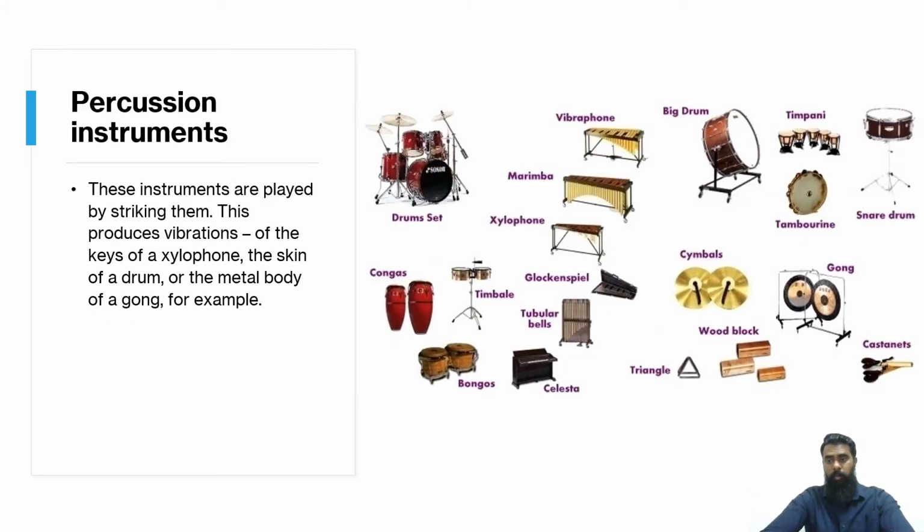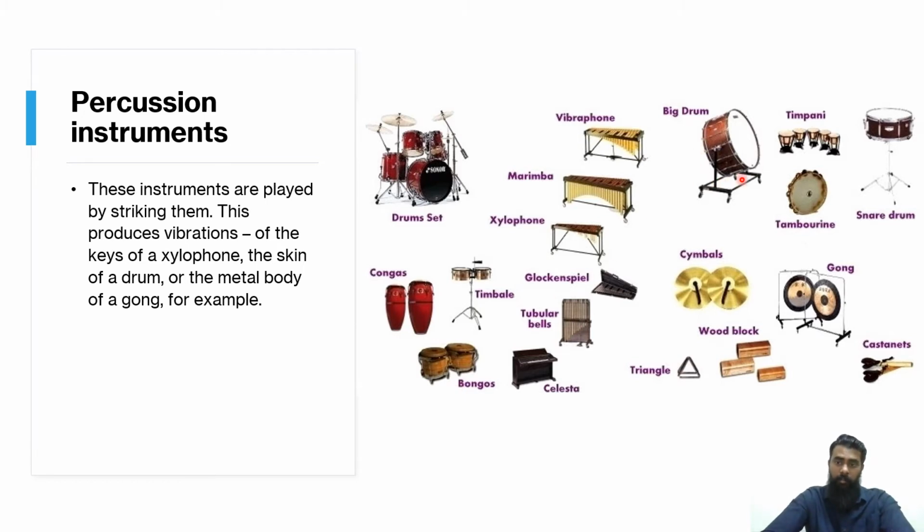Percussion instruments are the ones that you have to beat or strike to produce sounds. Here you have some examples of percussion instruments. You have a drum, tambourine, congos, xylophone, bongos, and so on. Okay, let's observe a drum.